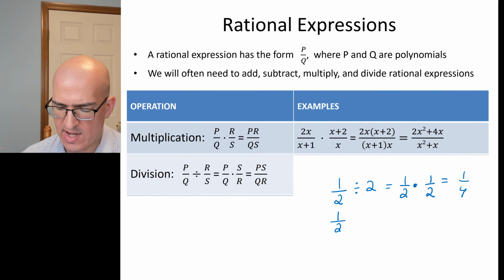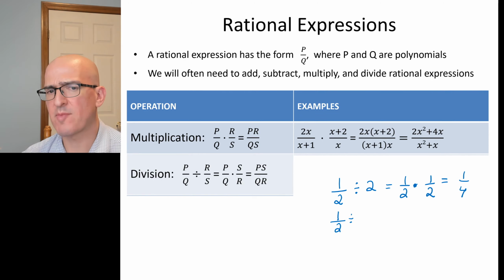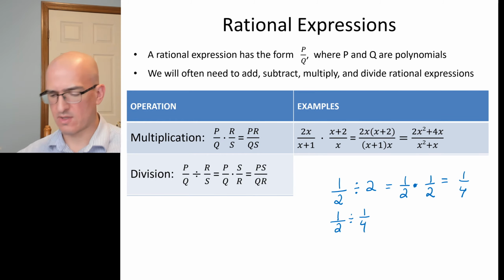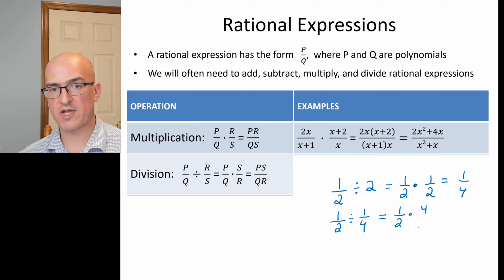What happens if I take a half and not divide it by 2, not divide it by 4, but divide it by 1/4? What are we doing? Well, let's just follow the algebra. Let's follow what the process says. I'm going to take my division and change it to multiplication and then flip top and bottom. So multiplication, and instead of 1/4, it's now 4/1.